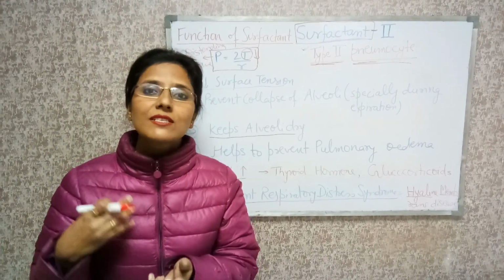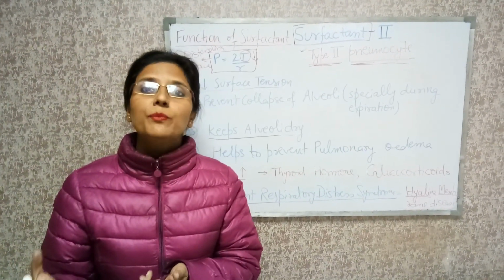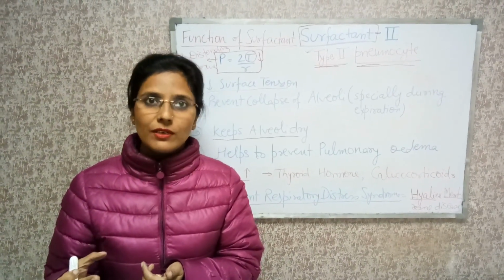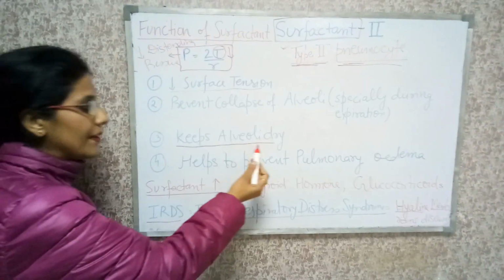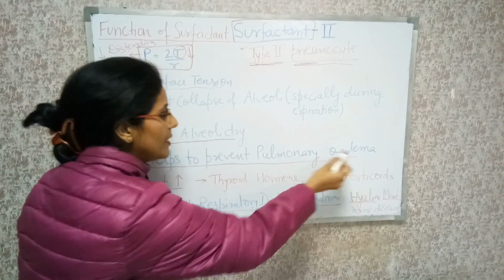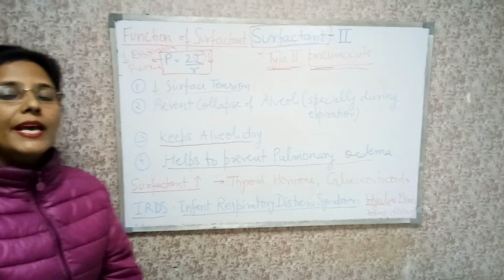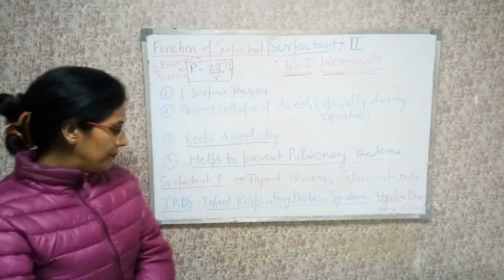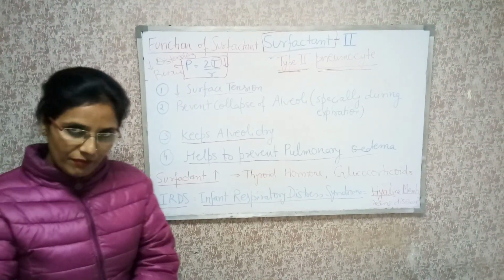Surfactant is helpful in keeping the alveoli dry, so there is a reduction in the chances of pulmonary edema. So it helps in prevention of pulmonary edema as well. These are the important functions.